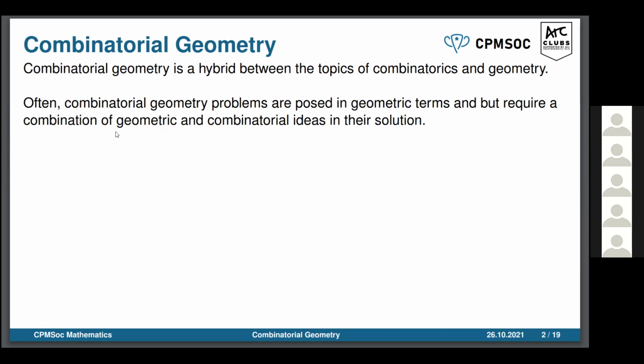In normal combinatorial problems, the statement often has permutations and combinations, for example, but combinatorial geometry is quite interesting because when you read the problem statement, it's maybe not immediately obvious that you're going to use combinatorial ideas, but often it turns out the actual solution uses them. So we'll have a look at those combinatorial ideas later on.